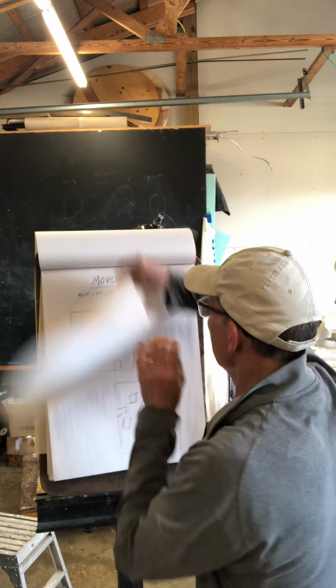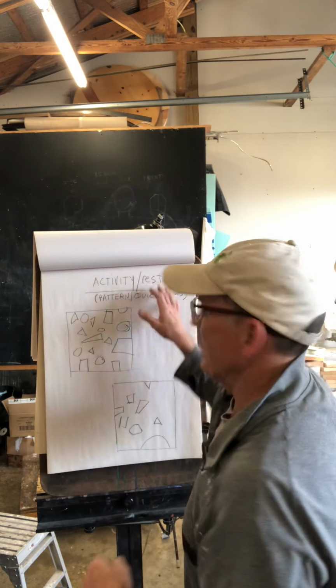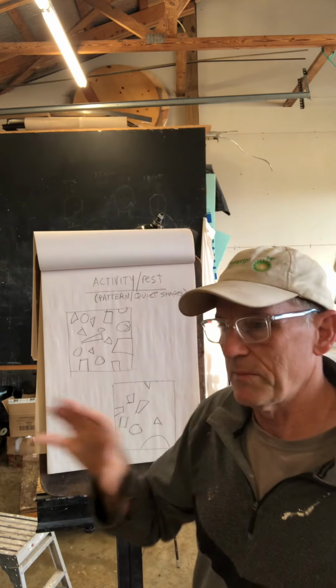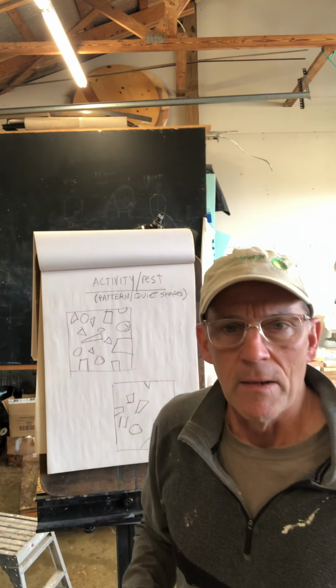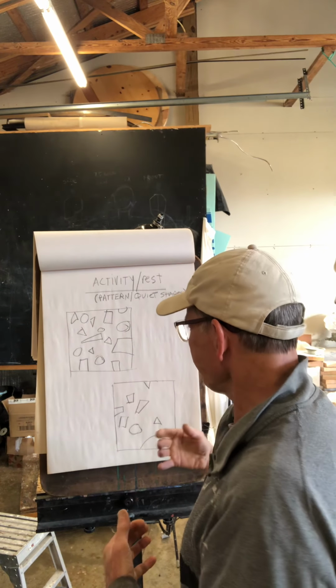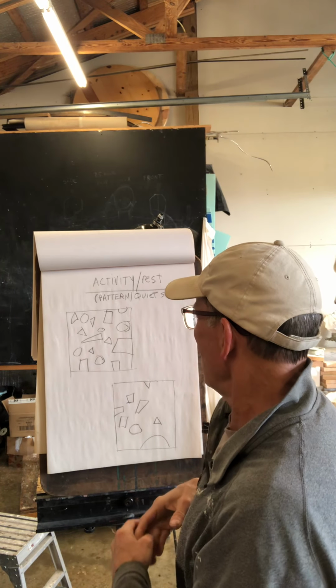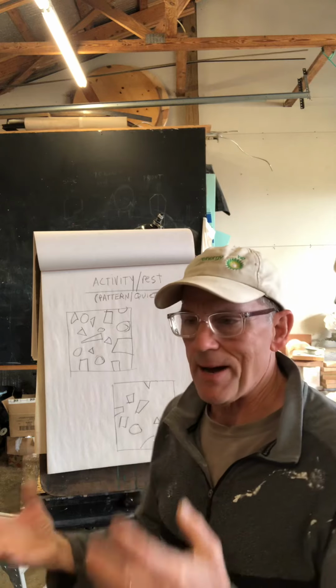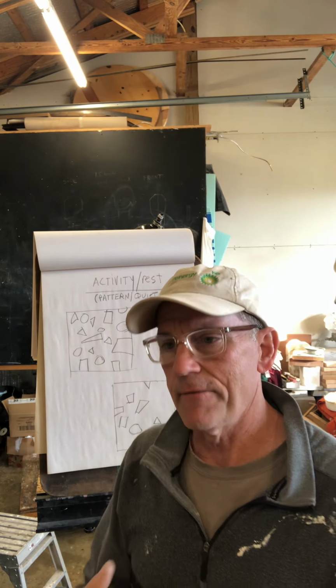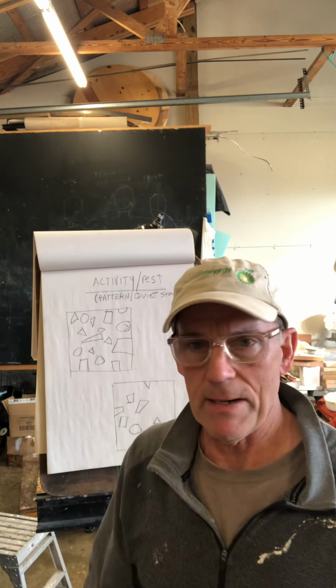All right. Okay, activity and rest. And I've talked about this. I've sort of nibbled around the edges of this before, but the idea is that in a composition, you want to think about variety, varying the kind of patterning or shape making that you make.